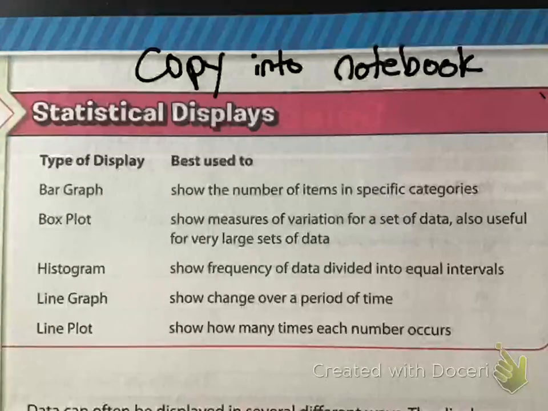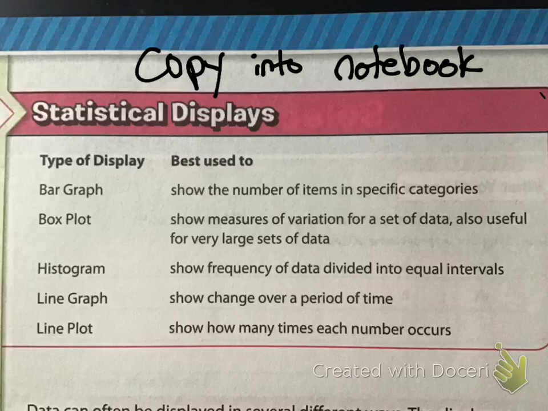A box plot shows those measures of variation in data, and it's also useful for very large sets of data. So when we have things like that, we would be finding the median, the Q1, Q3, IQR, technically the range, which is a lot of things, not super fun to do, but also not very hard to interpret on their own.